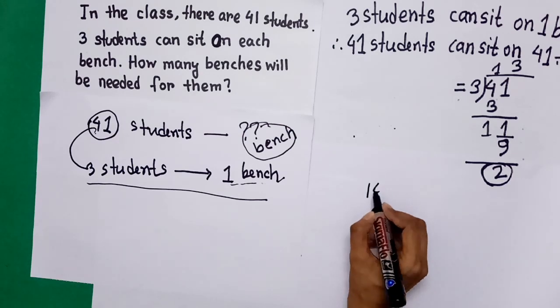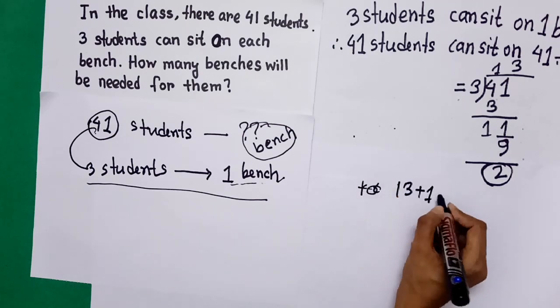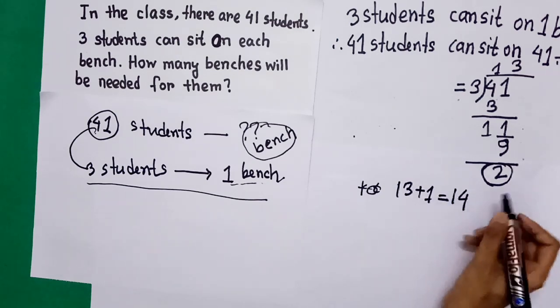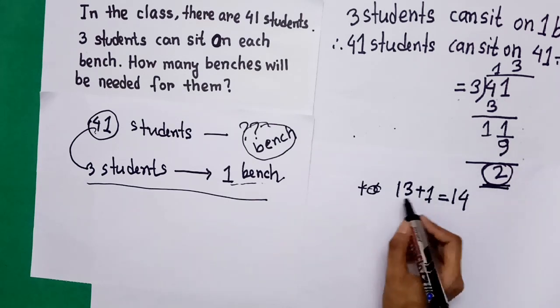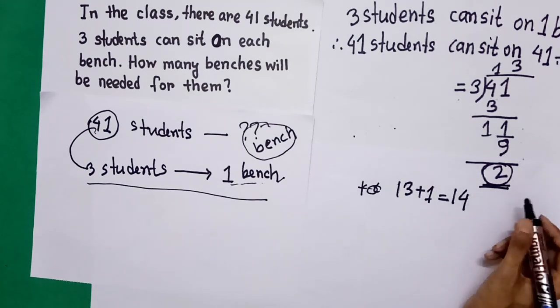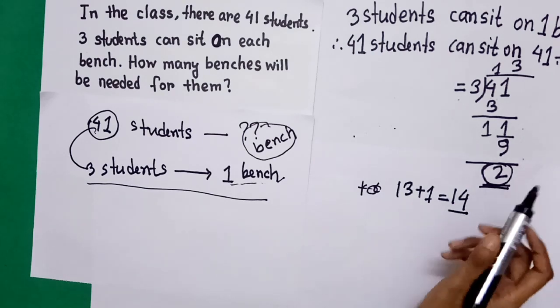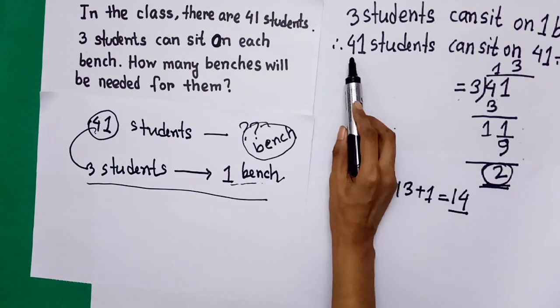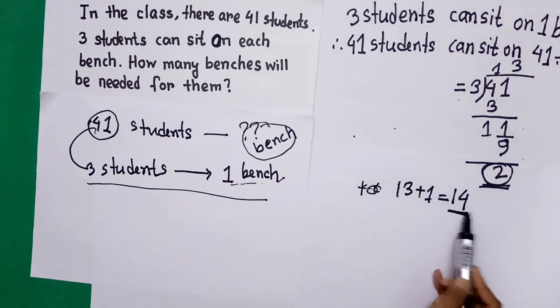So we can write 13 plus 1 equals 14. For these 2 persons we need an extra 1 bench. That's why we need 14 benches. Then the answer will be 14 benches. For 41 students we need 14 benches.